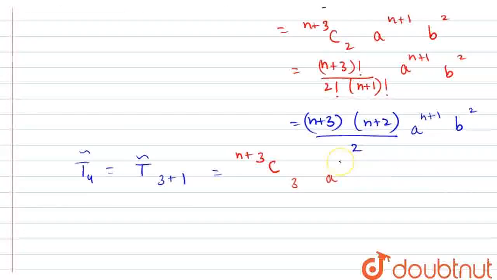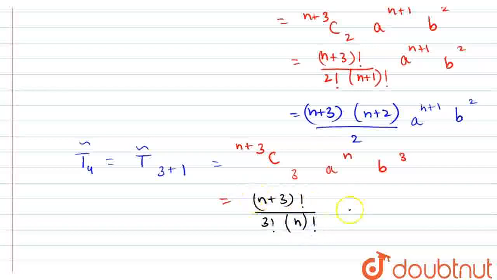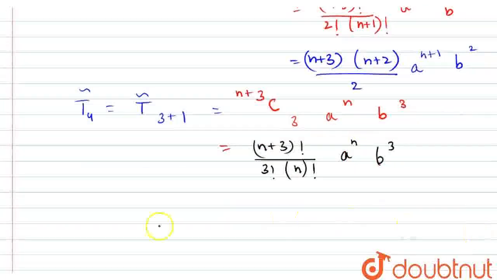So n plus 3 minus 3, that is a raised to n and b raised to r, that is 3. So we can write it as n plus 3 factorial divided by 3 factorial into n plus 3 minus 3 factorial, so n factorial, a raised to n, b raised to 3.